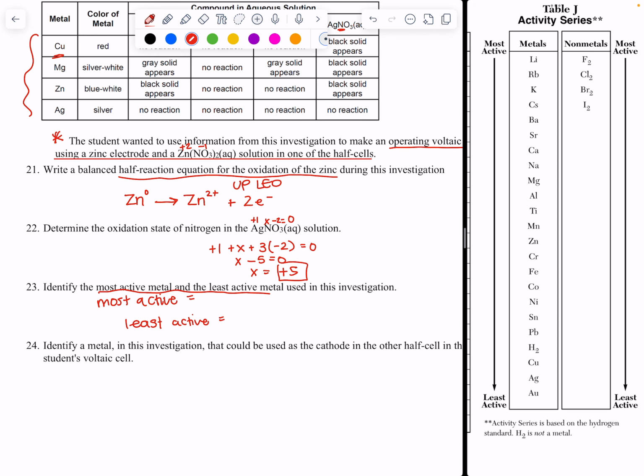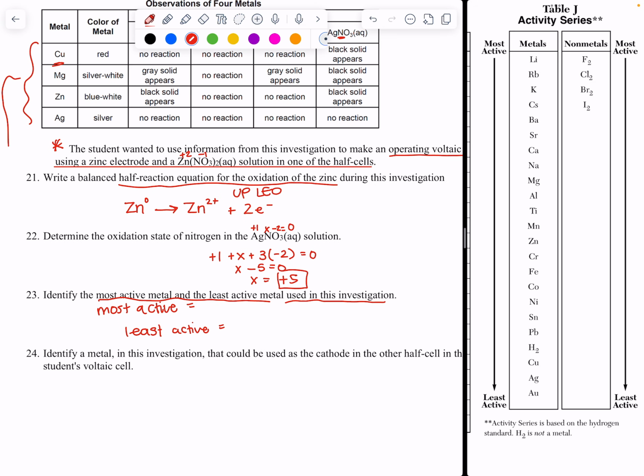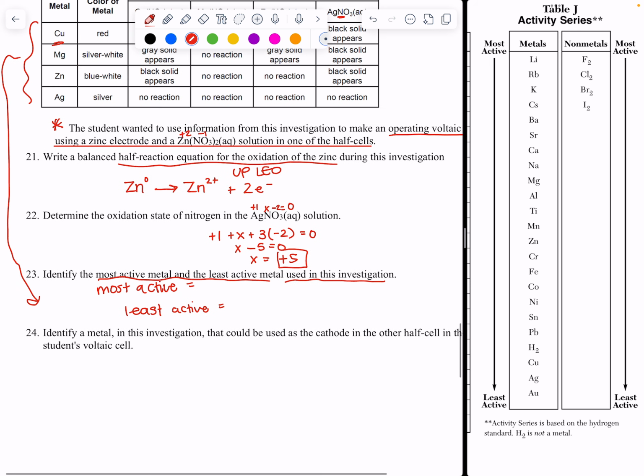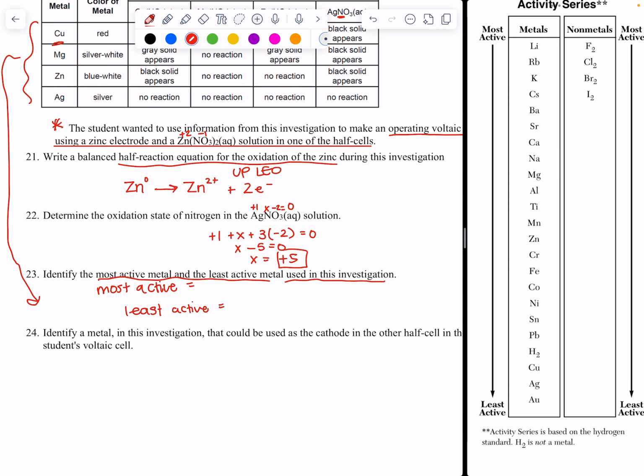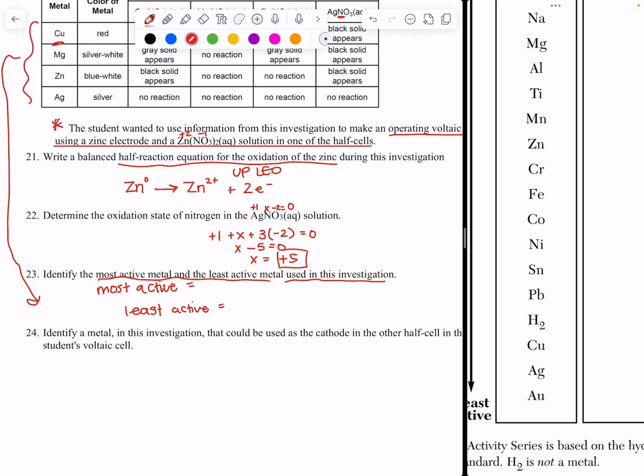And it says used in this investigation, so you have to use ones that are used in this investigation. Which ones were used? We labeled them here on the side: copper, magnesium, zinc, and silver. For the most active one, we look at table J and try to find all 4 of these metals.